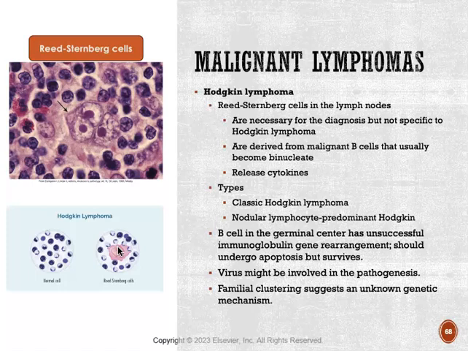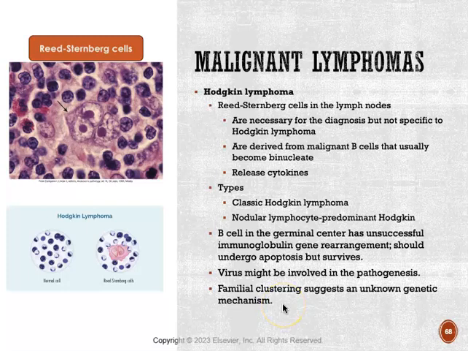So we have two types of Hodgkin lymphoma. There's our classic Hodgkin lymphoma and our nodular lymphocyte predominant Hodgkin lymphoma. And our classic is the most common type, while the nodular type is a little bit rarer and progresses more slowly.